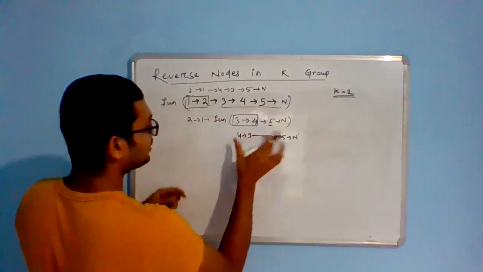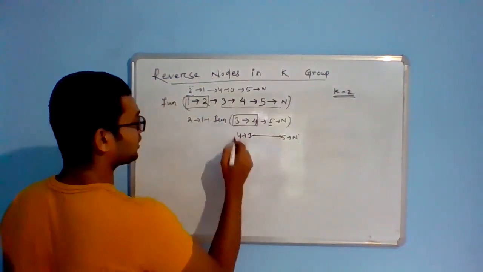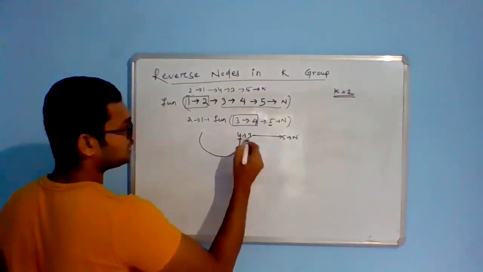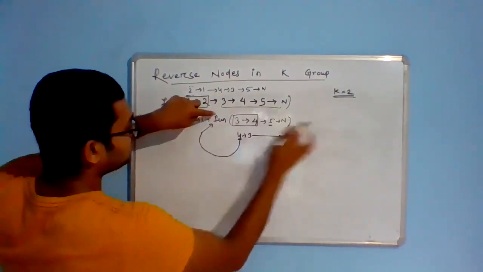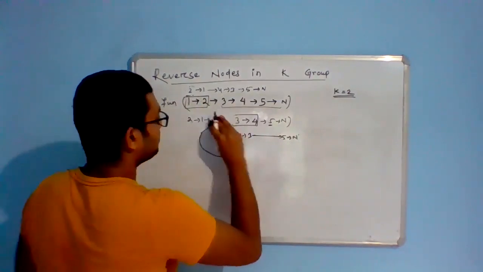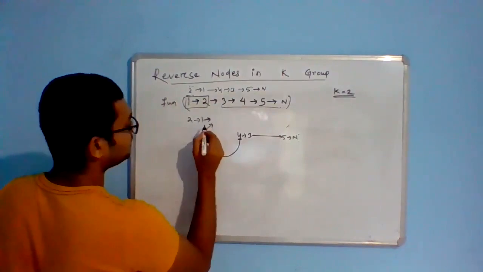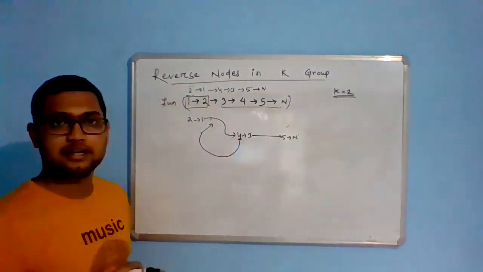So the answer for this particular state is this. Now the answer for this state, we will return the head of this list to this function, and the answer of this function is nothing but this. So the meaning is that the next node of this one will now be 4. Getting?